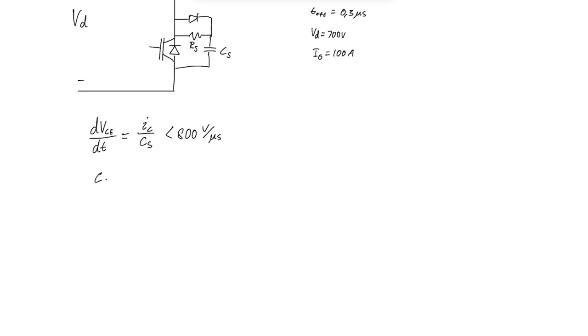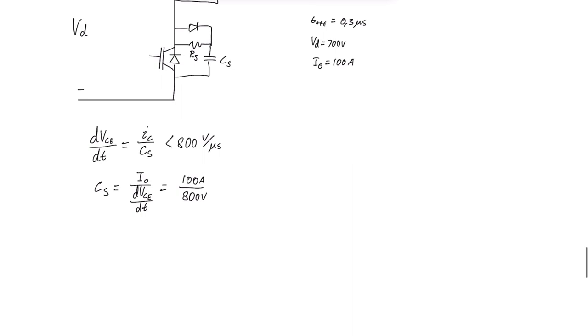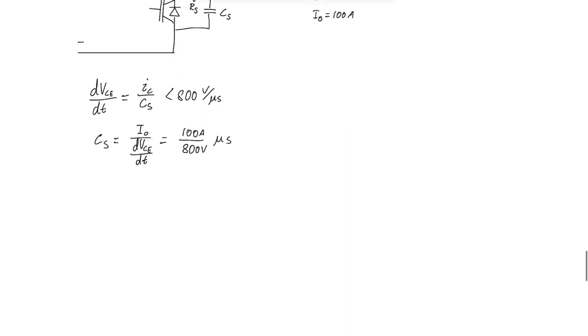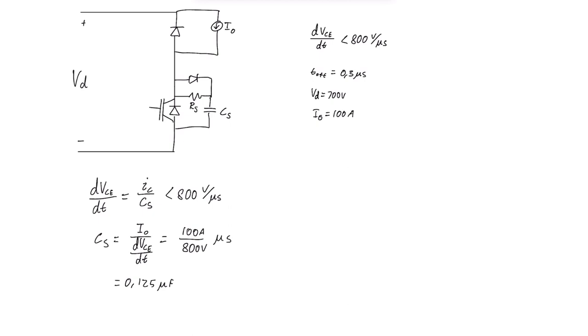So the capacitance would be equal to IO over DVCE/dt, which is equal to 100 amps over 800 volts per microsecond. So this will be equal to 0.125 microfarad. Okay, so that's the constant for the capacitor.